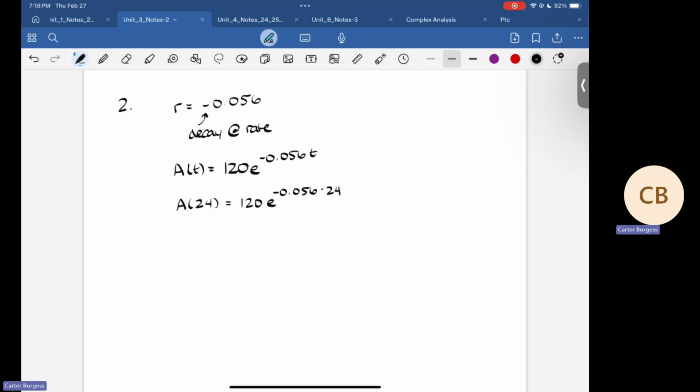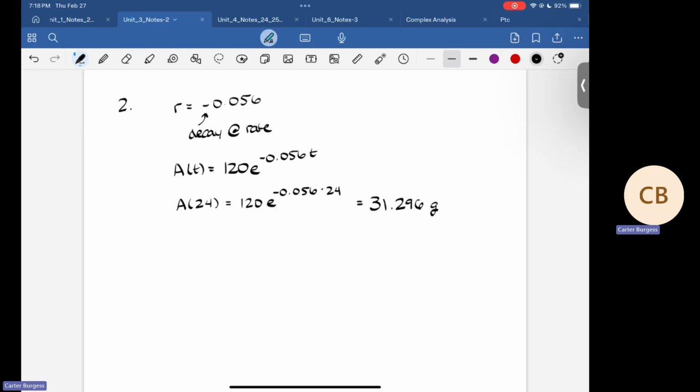Rounding to 3 decimal places, I get that this is equal to 31.296 grams.